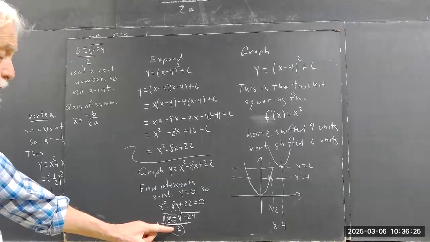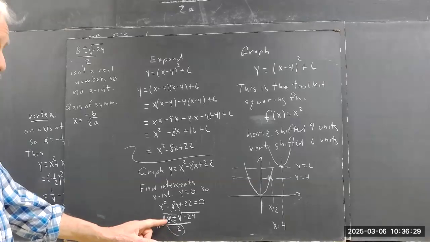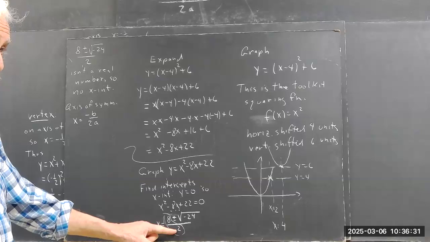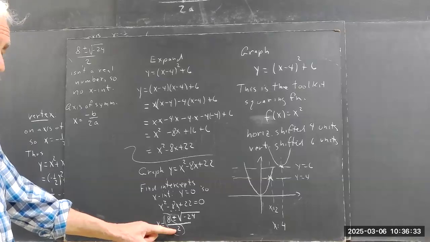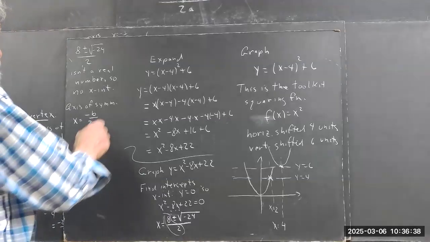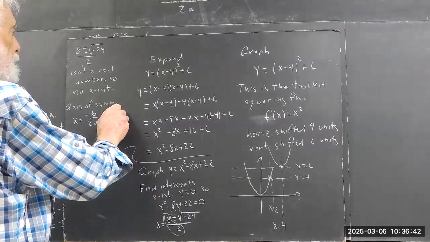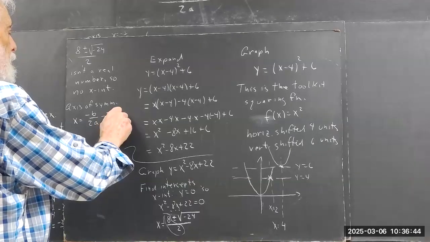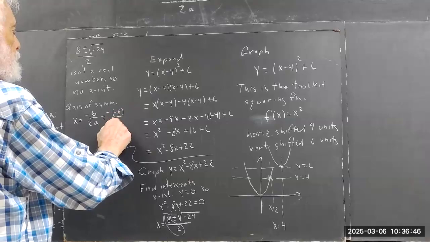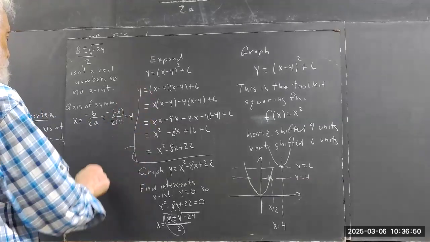So we have negative b over 2a right there. If you know the quadratic formula, you identify that, which is then negative of negative 8 over 2 times 1, which is 4.